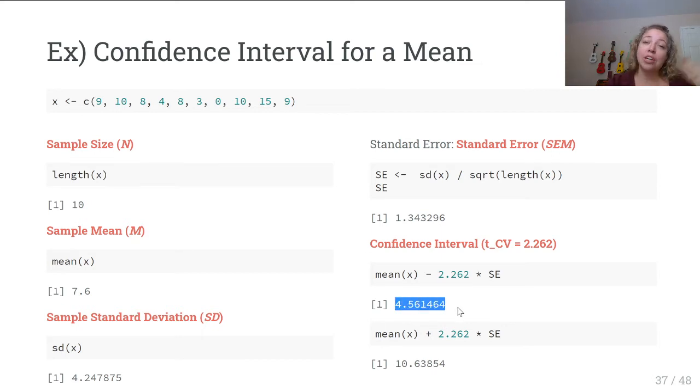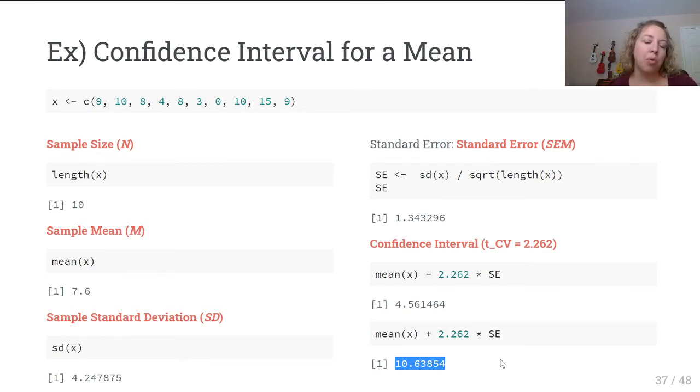When we subtract, we always get the lower end or the lower bound. So that's 4.56. And when we add our mean plus t times the standard error, we get the upper end or the 10.63. So for this example, our confidence interval would range from 4.56 to 10.64.